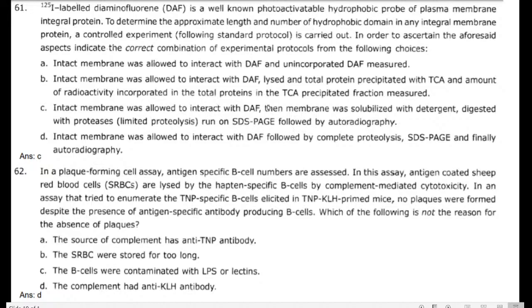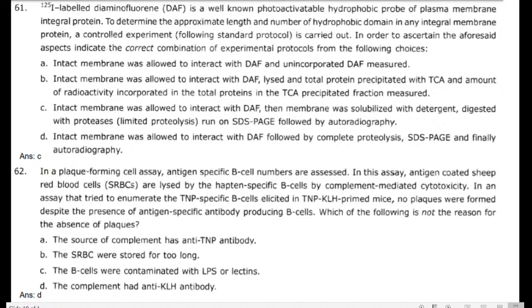This is the sequential process. Why this? The question they are asking is to determine the approximate length and number of hydrophobic domains in any integral membrane protein.